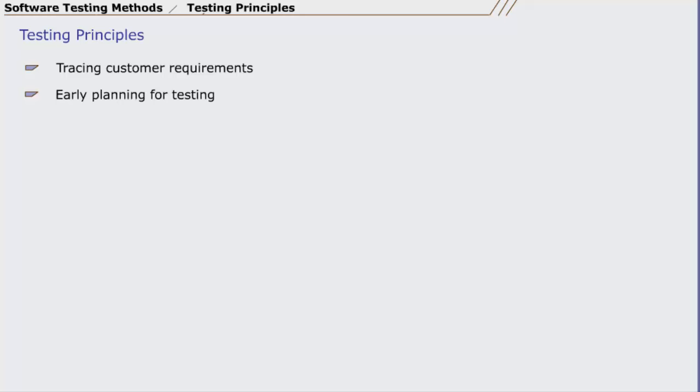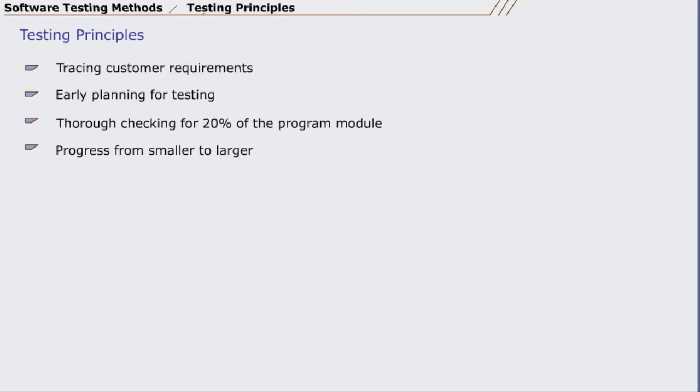Experience shows that errors are repetitive. Generally, if 20% of the program module is properly checked, then 80% of the errors are identified which repeat throughout the program. Testing should be applied to individual components first, then to integrated clusters of components, and finally to the entire system.